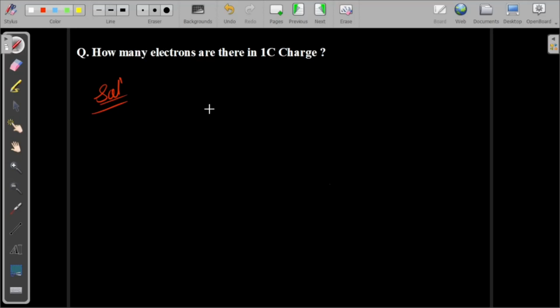You got it like this, right? 1.6 into 10 to the power minus 19 coulomb in one electron. Now you are asked how many electrons will be there in 1 coulomb.